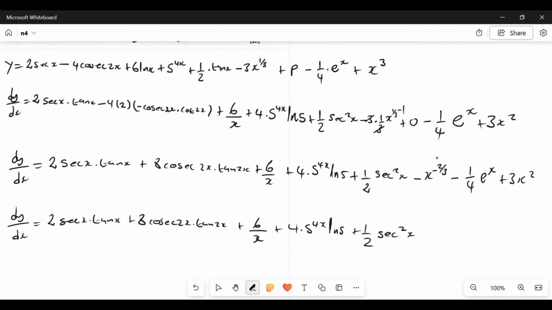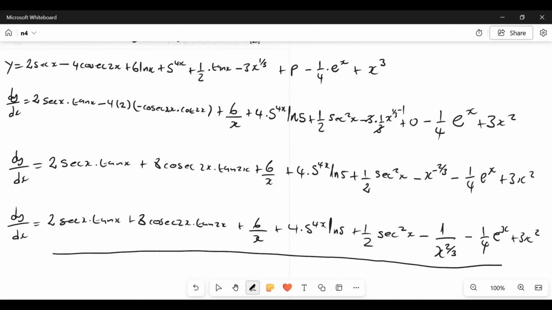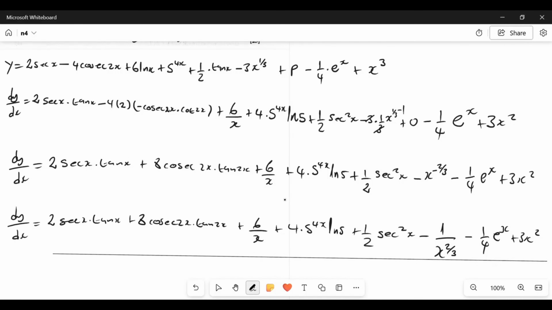Now on this term here, which is the third last term, we have negative x to the power of negative 2 over 3. So we can change this into a positive exponent. We can write it as 1 over x to the power of 2 over 3 minus 1 over 4 e to the power of x plus 3x squared. Guys, you can leave it like this. This is correct. So this is our final answer.